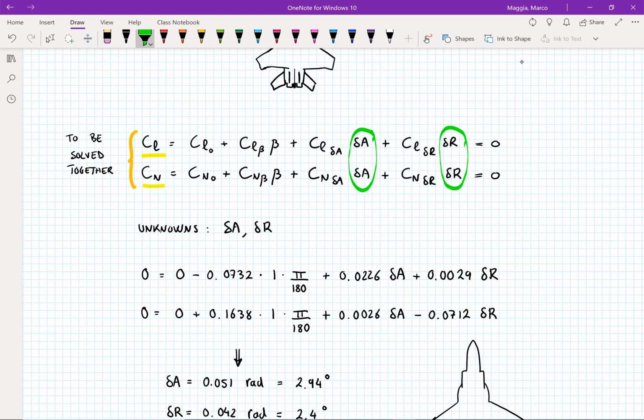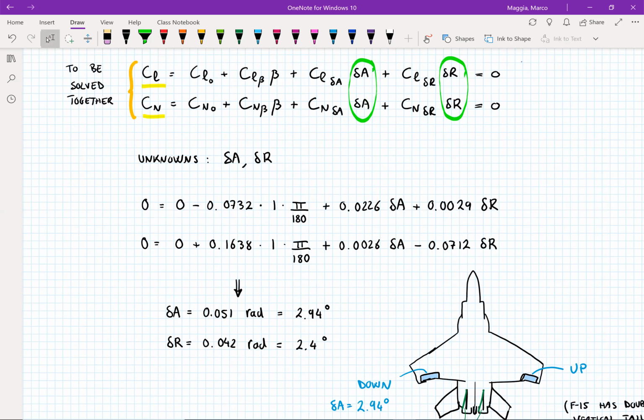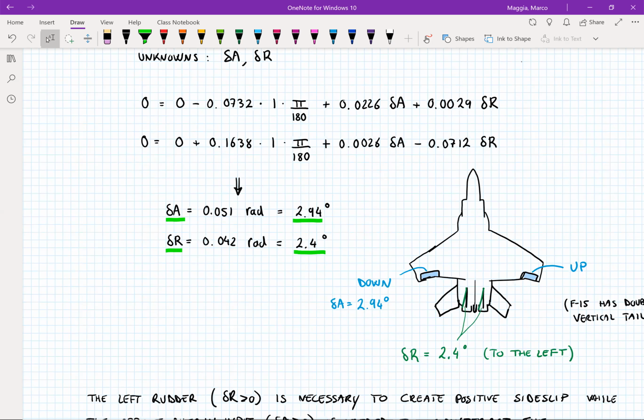Everything else we know. Solving this simple two-equation system, which is also a linear system, we find that the aileron deflection we're looking for is 2.94 degrees, and the deflection of the rudder is equal to 2.4 degrees.